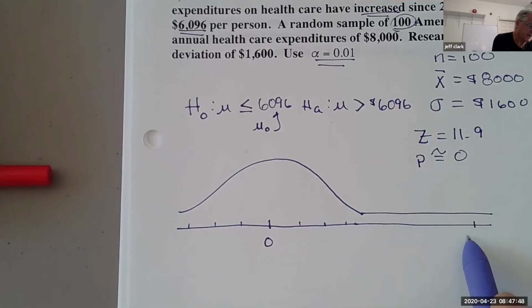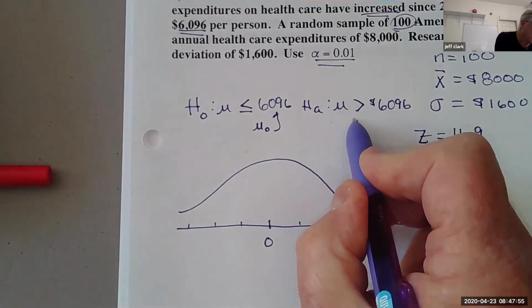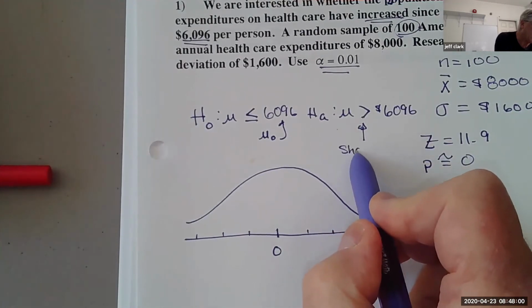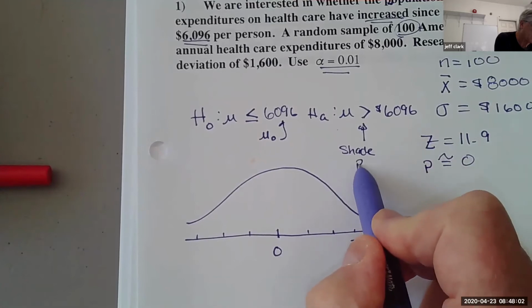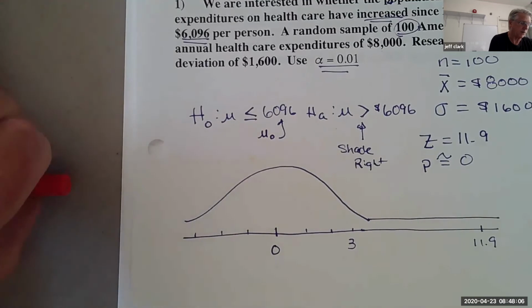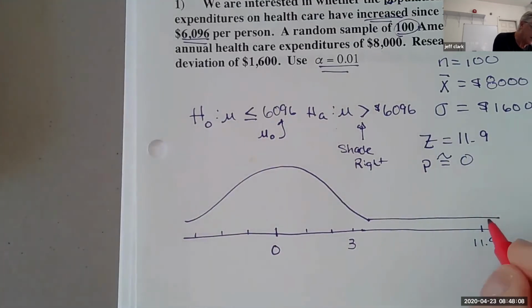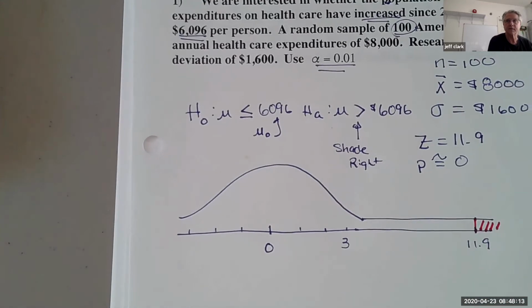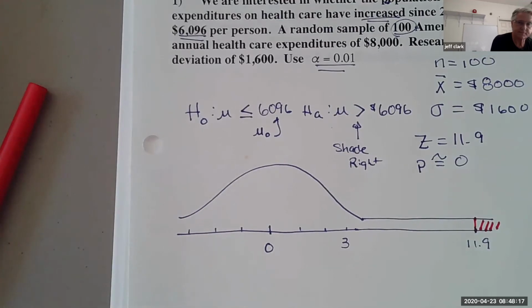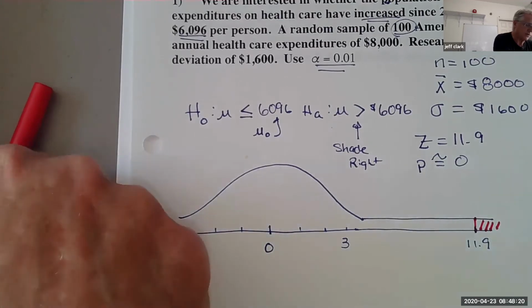Way over here is 11.9, because remember this is 3. Since it's greater than, you shade right. You shade right to what? Or compare to what? Right here. You shade right to the z-score. This is called your rejection region.